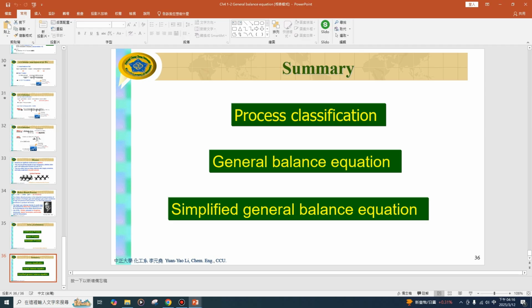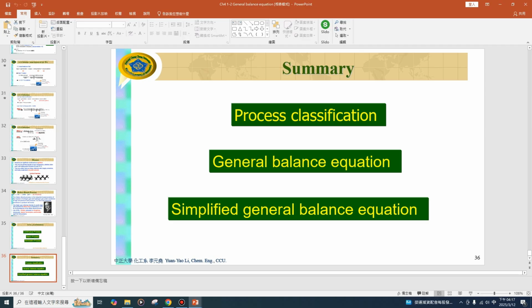I'm sorry, I can just give you 0.3 points because you have the input minus consumption plus generation minus output equal to accumulation. Okay, but you can also say that input minus output equals accumulation. That will be also okay. But anyway, thank you for your answer.